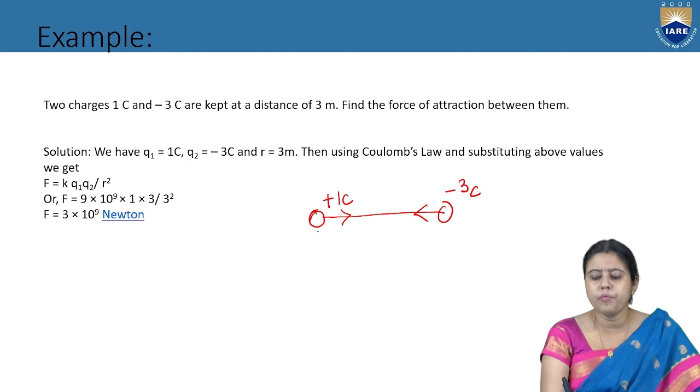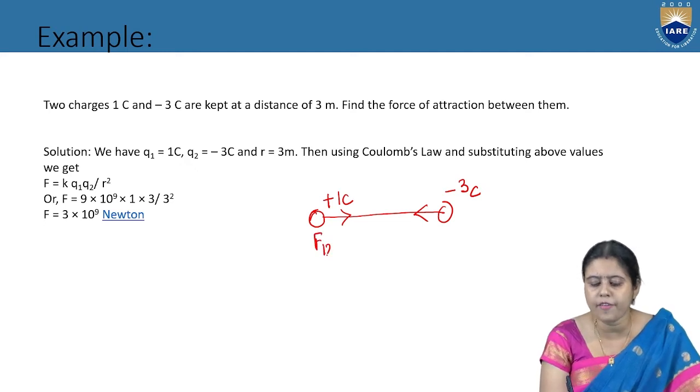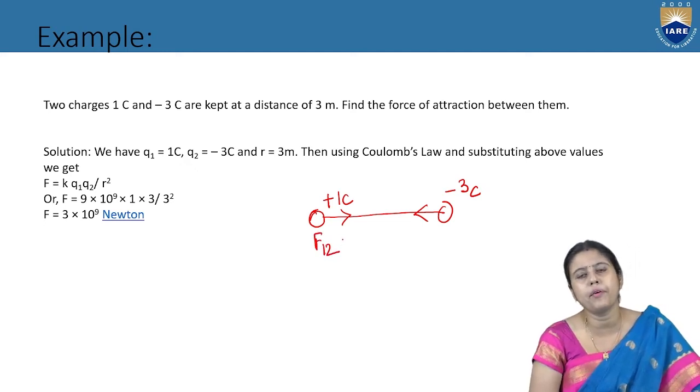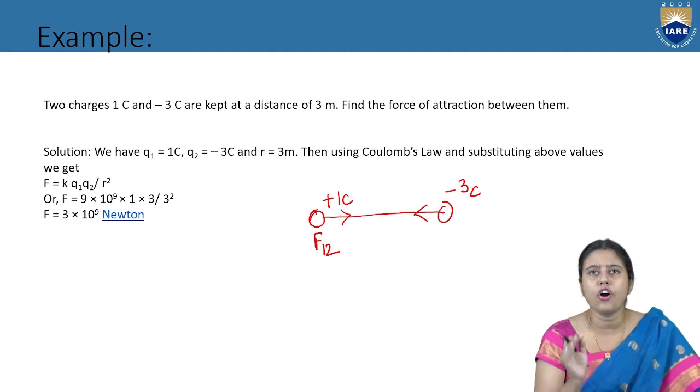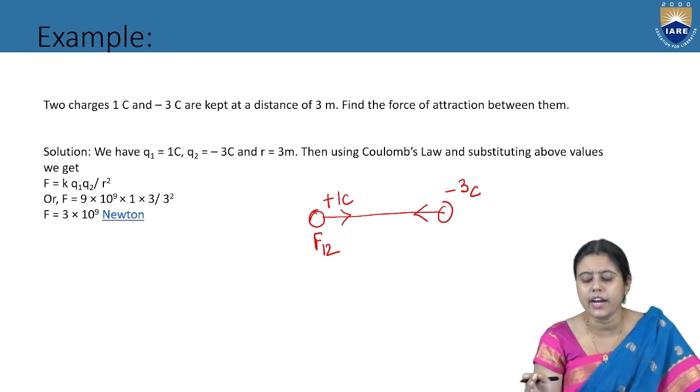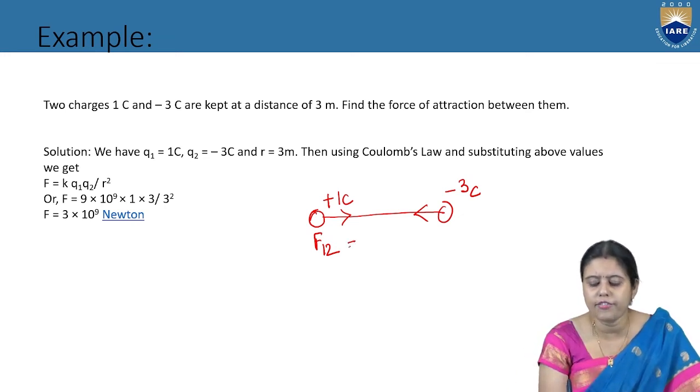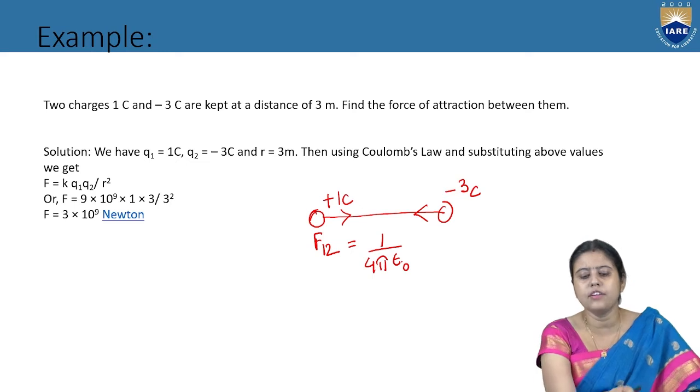Now, if we want to calculate F12, what is the meaning of F12? Force on 1 due to charge 2. So what is the formula? 1 by 4 pi epsilon 0. Why epsilon 0?